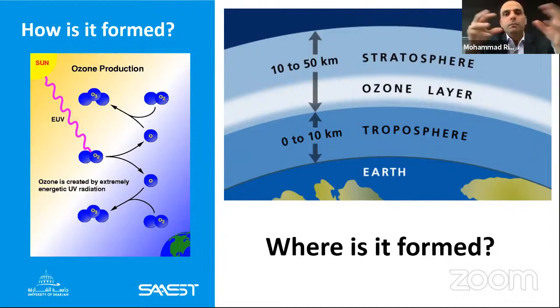So some chemical bonds form this molecule, because when the UV strikes the O2, it breaks the chemical bonds and makes two atoms or three atoms, and another one.